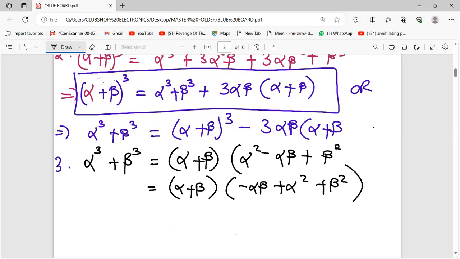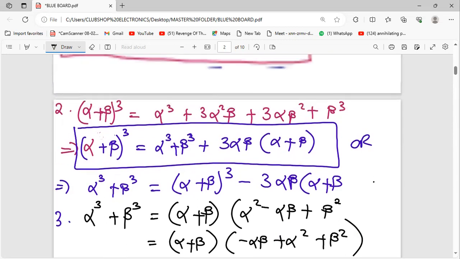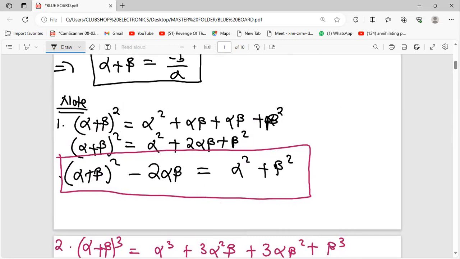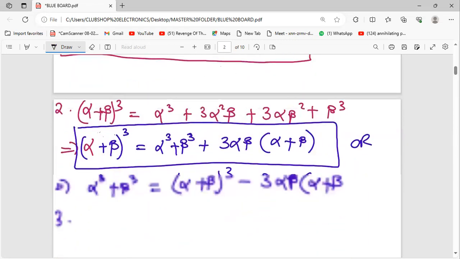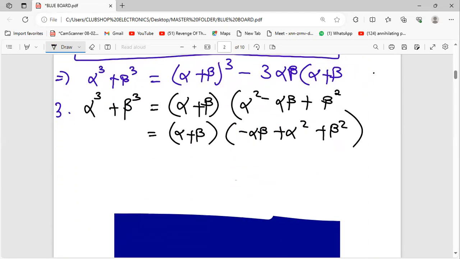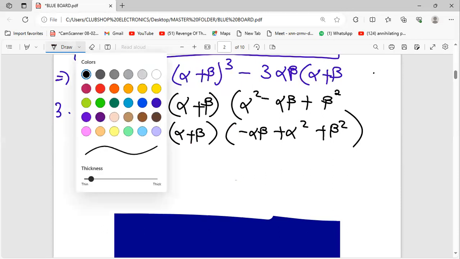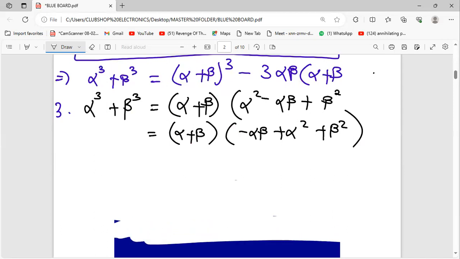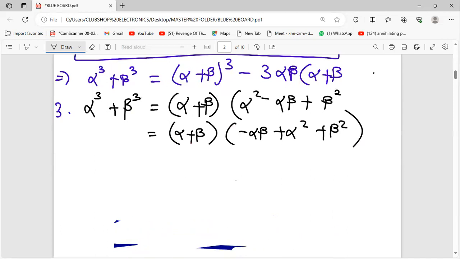Remember the expression for alpha squared plus beta squared from earlier.